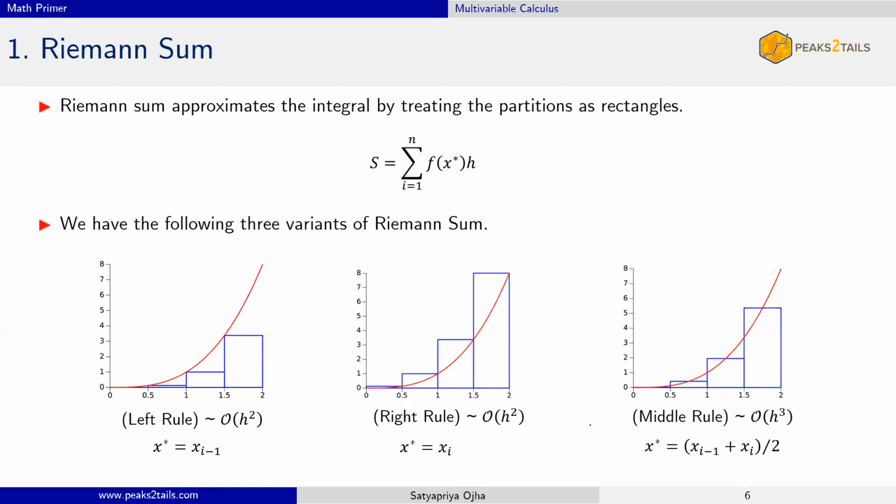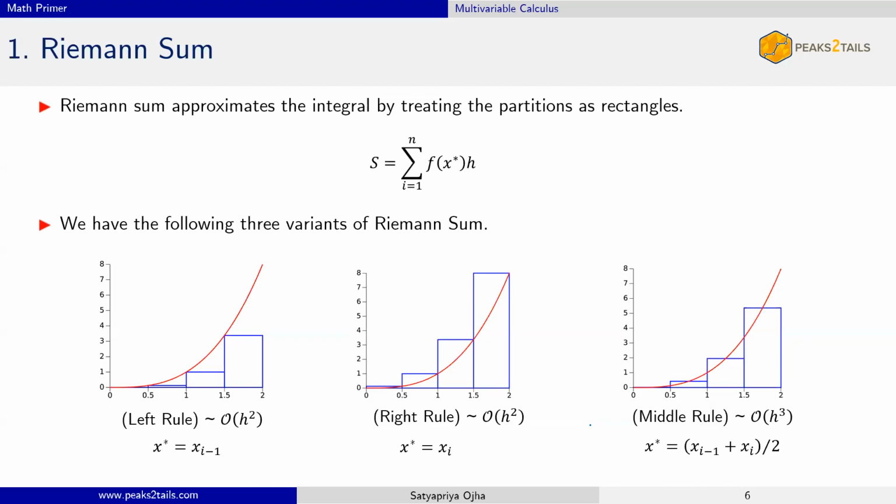Riemann is one of the most famous mathematicians of all time. As per him, a definite integral can be seen as a Riemann sum. This Riemann sum again we'll revisit when we talk about Brownian motion in stochastic calculus.